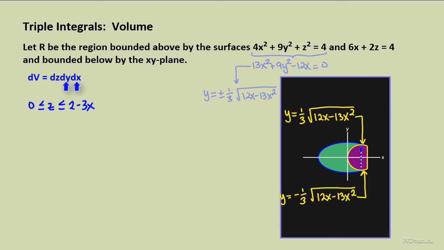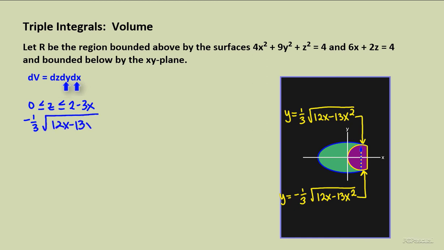This makes writing the inequalities for y on the projection of the plane face of the solid straightforward. Negative 1/3 times the square root of 12x minus 13x squared is less than or equal to y, which in turn is less than or equal to 1/3 times the square root of 12x minus 13x squared.